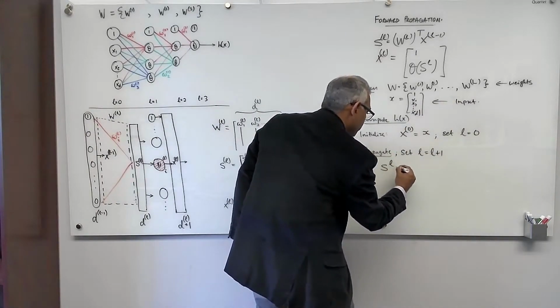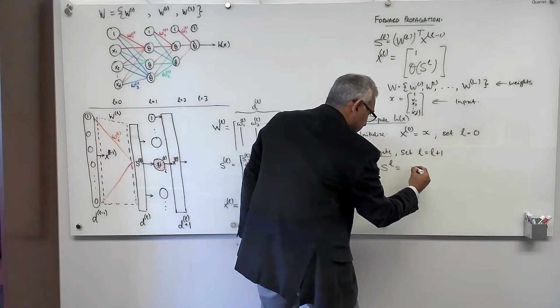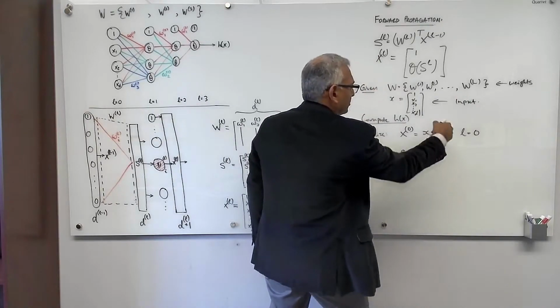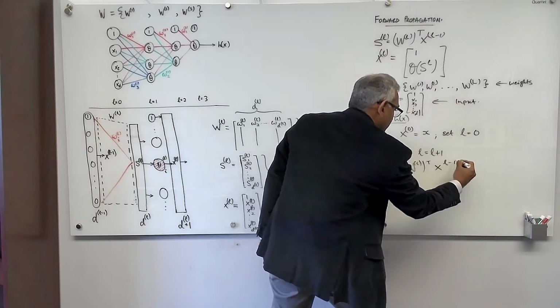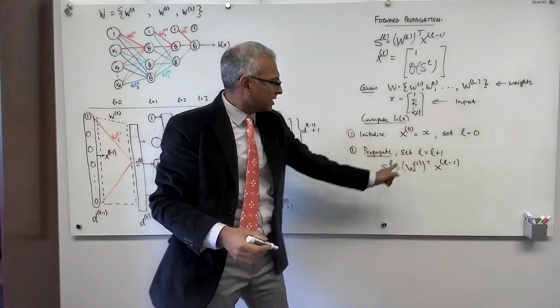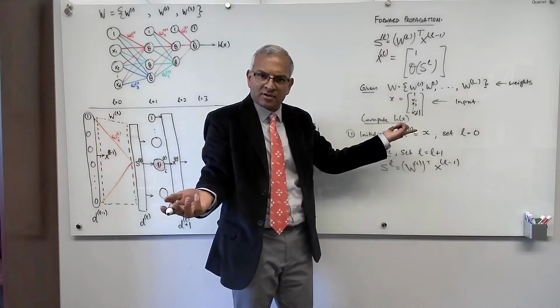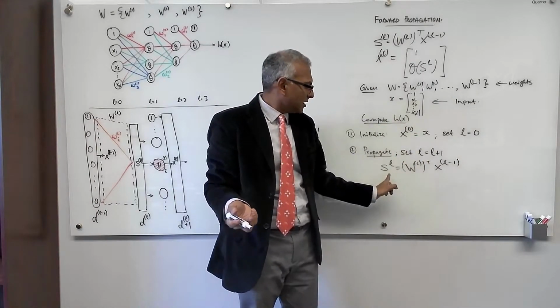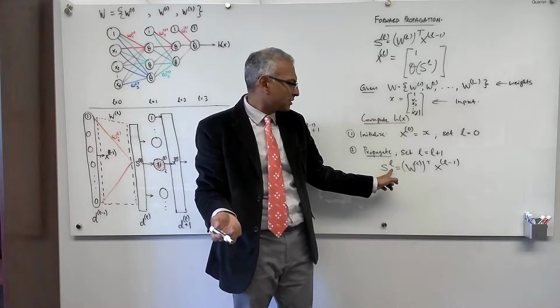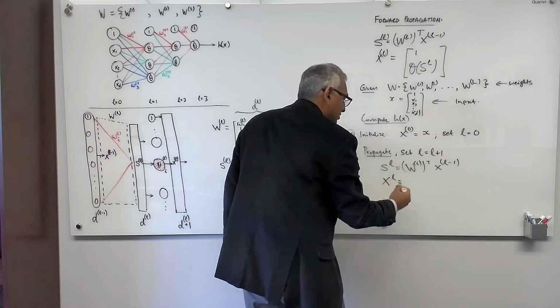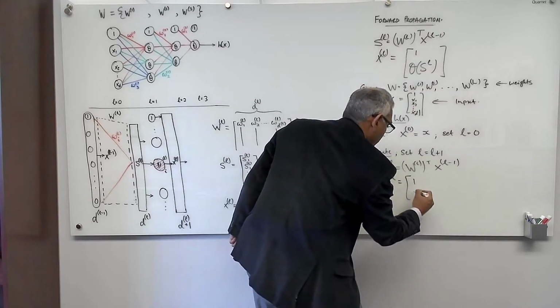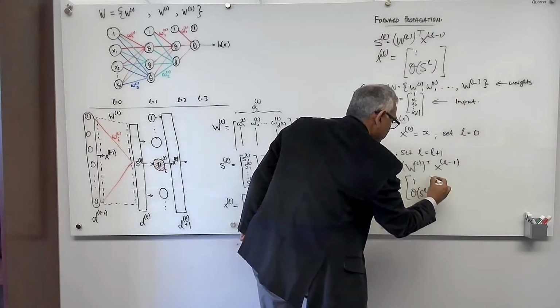SL is equal to WL transpose X L minus 1. So when L equals 1, we use X0, which we have computed. And once we have computed S1, we need X0, which we have. And then we compute XL. The output is just theta of SL.